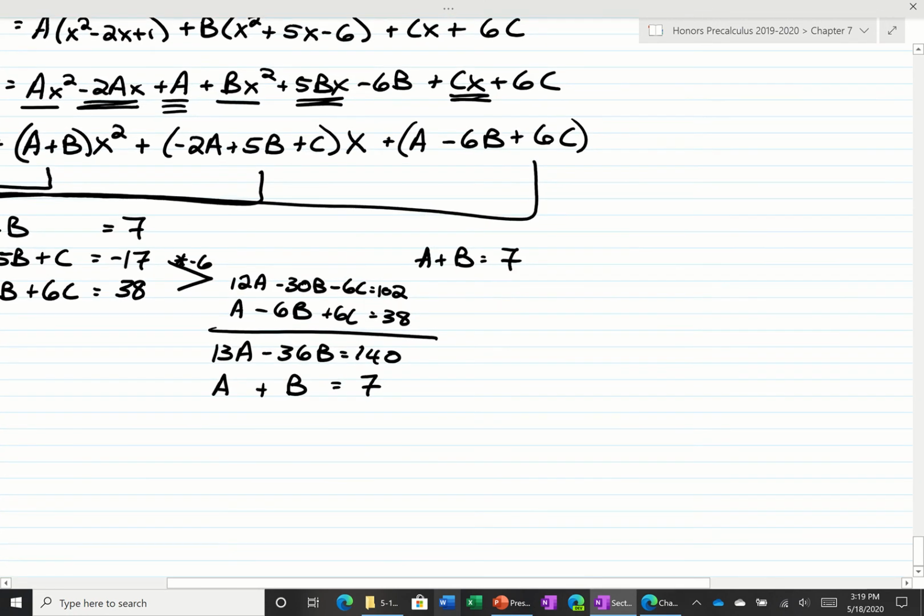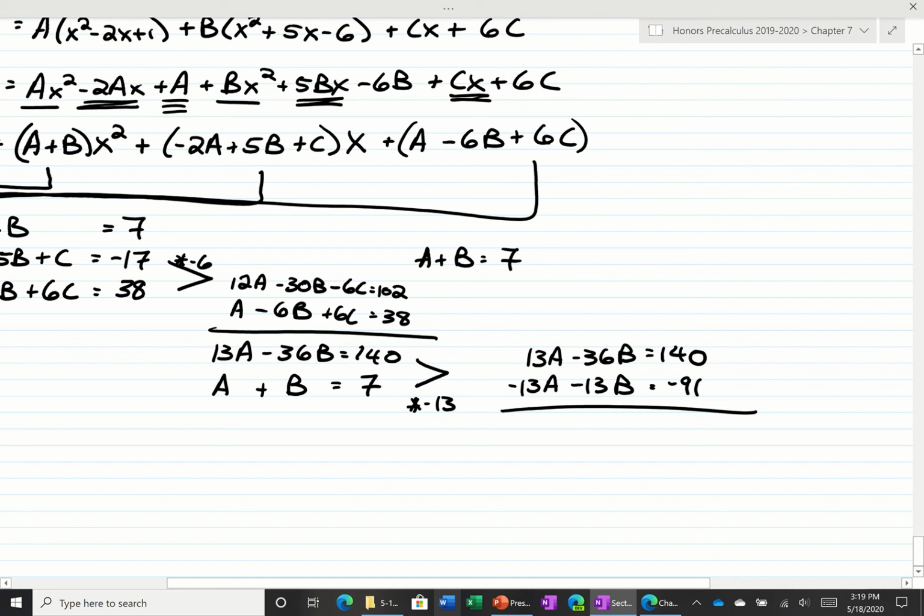Now to eliminate here, we could multiply the bottom by -13, and we get 13a minus 36b is equal to 140, and on the bottom it's -13a minus 13b is equal to 7 times -13 is -91, and we get -49b is equal to 140 minus 91 is 49.